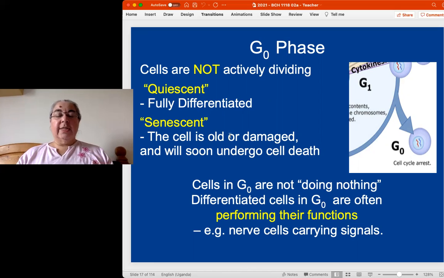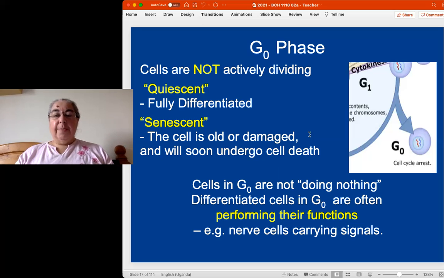Senescent cells are cells which were able to divide, but now have become old or damaged and will soon undergo cell death. So both of these types of cells can be described as being in G0 phase.